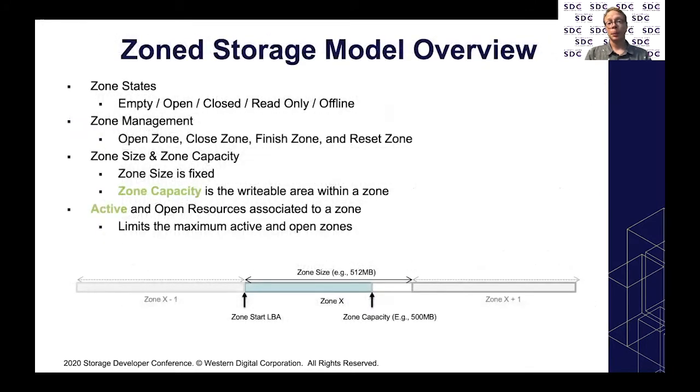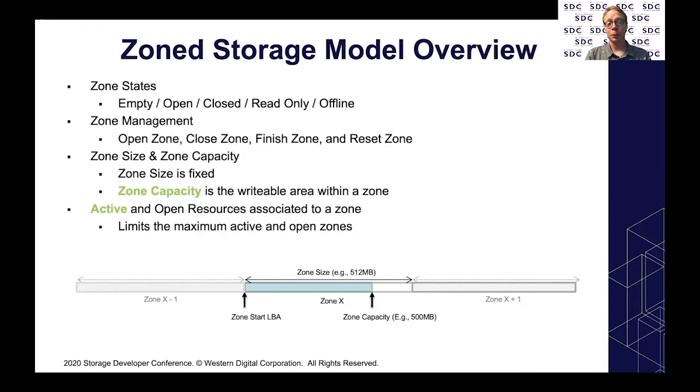And if we take a deep dive into how things are organized on the drive for zoned namespaces and zones, a zone has different states. So a zone can be empty, open, closed, read-only, or offline. And these states can be changed with zone management commands if you explicitly manage them.